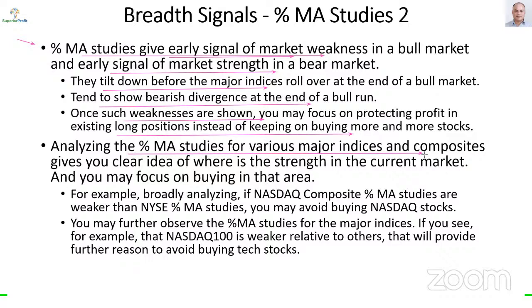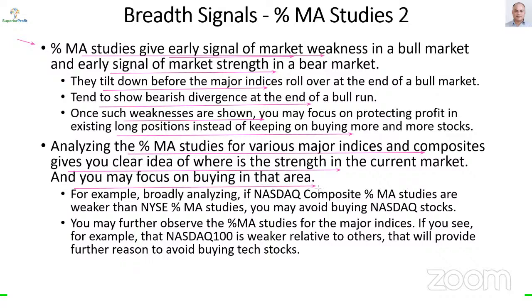We could study percentage MA studies on total view, and then we are going to look at individual dimensions, major indices, S&P 500, NASDAQ 100, Russell 2000, etc., and composites, NASDAQ Composite, NYSE Composite. That will give further idea, more clear idea where the strength is there, if at all, in the current market. And you may focus on buying in that area.